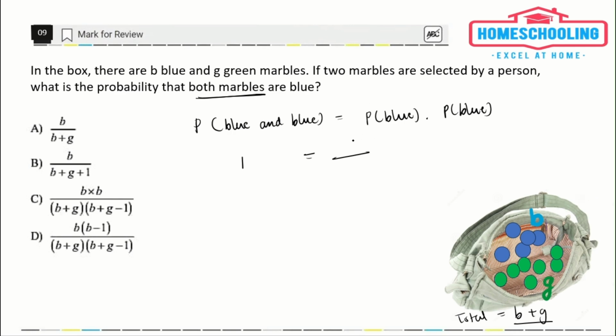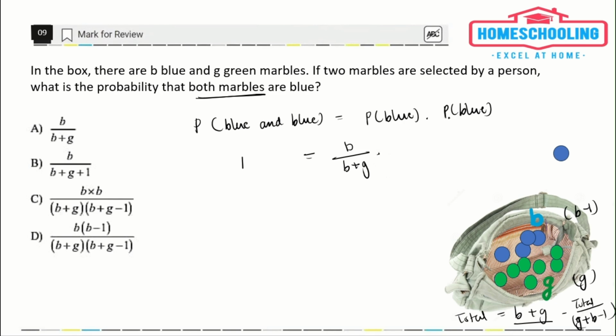We have B blue marbles and the total number of marbles is B plus G. Let's say in the first part of the probability we have already taken one blue marble out. Now how many blue marbles are left? B minus 1 blue marbles are left. Green marbles are the same, so the total is G plus B minus 1 marbles.